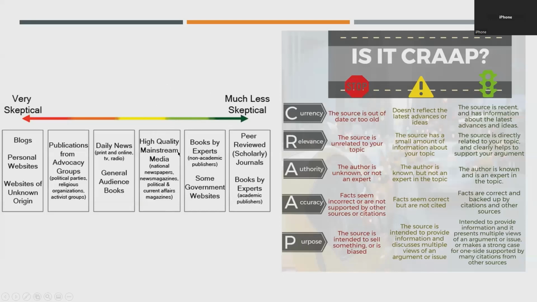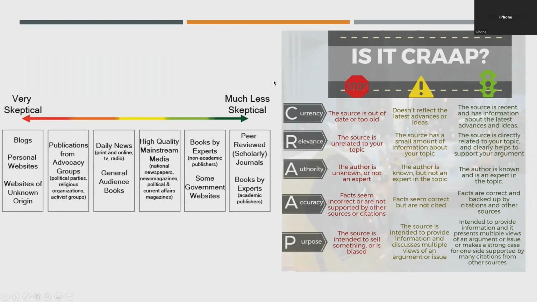Moving up, we're getting into the realm of really very trustworthy books by experts. And then government websites are typically pretty trustworthy. Sometimes it depends on the government, or on the purpose of the website. But in general, if it's a .gov source, we tend to view those as fairly trustworthy.